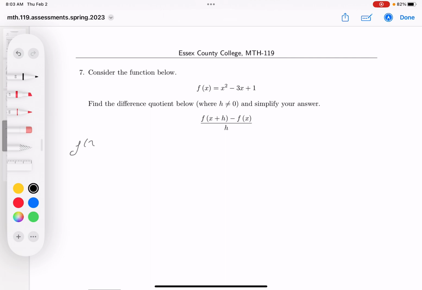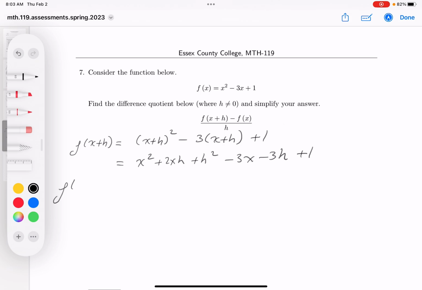f of x plus h. What's that going to be? x plus h squared minus 3 times x plus h plus 1. This is going to be x squared plus 2xh plus h squared minus 3x minus 3h plus 1.